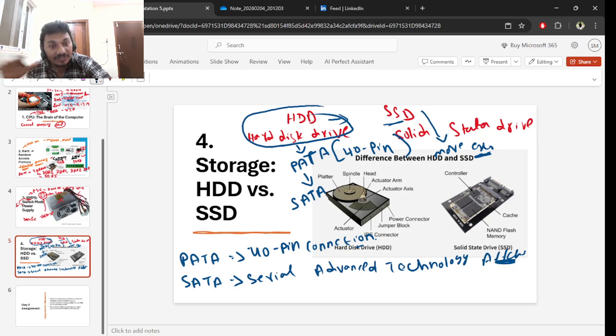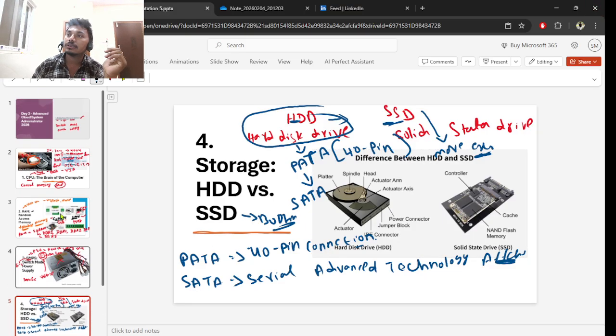Installing your operating system on an SSD makes the booting process much faster compared to a normal hard disk.